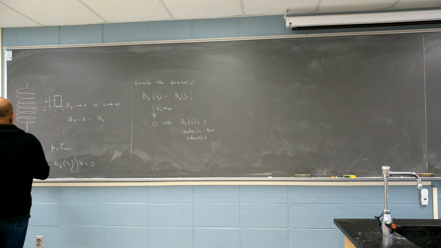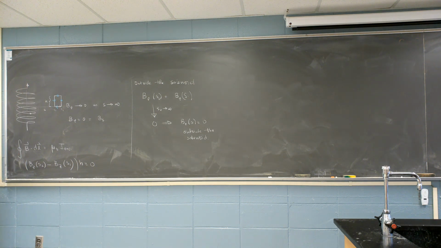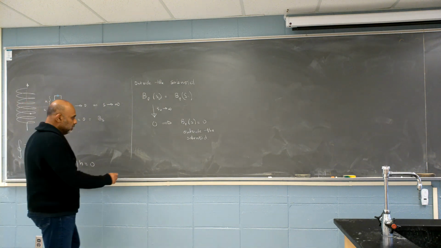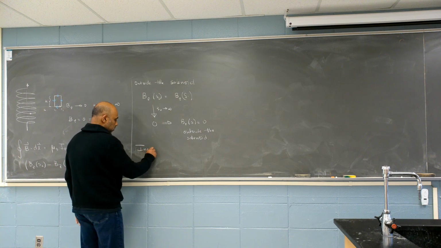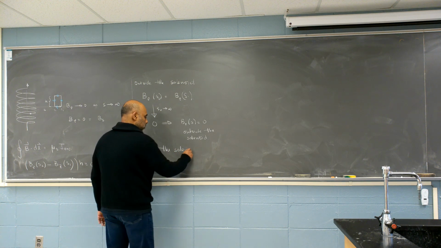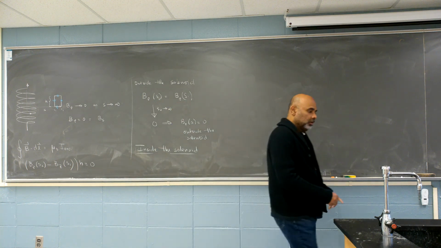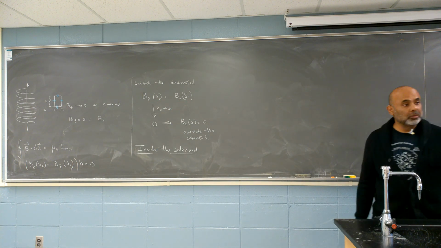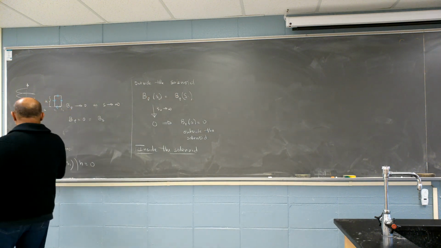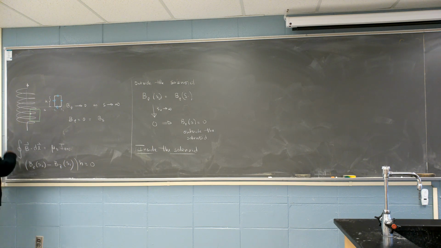Okay, so now let's imagine the current goes this way, meaning like this, where the current comes out over here. I'm trying to calculate inside the solenoid. Well, I need a new Amperian loop, so I will pick a loop like this.